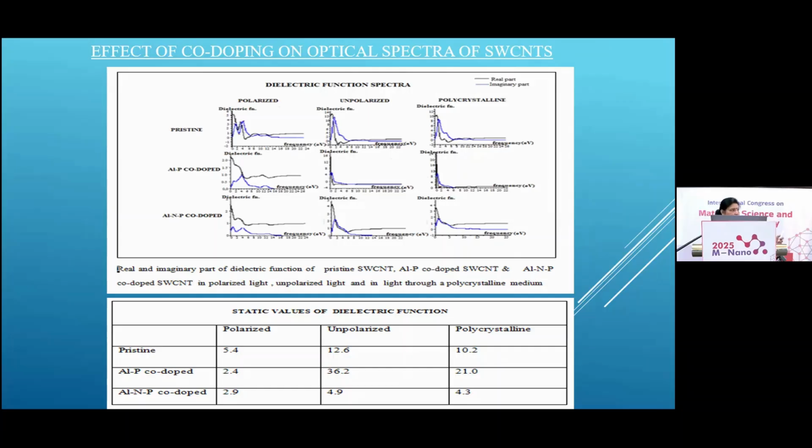If the light is unpolarized, then pristine has 12.6. When we dope with aluminium and phosphorus, there is a steep increase. But if the third atom is doped, then the dielectric function decreases. So there are different variations that we can find out by doping different combinations of atoms.